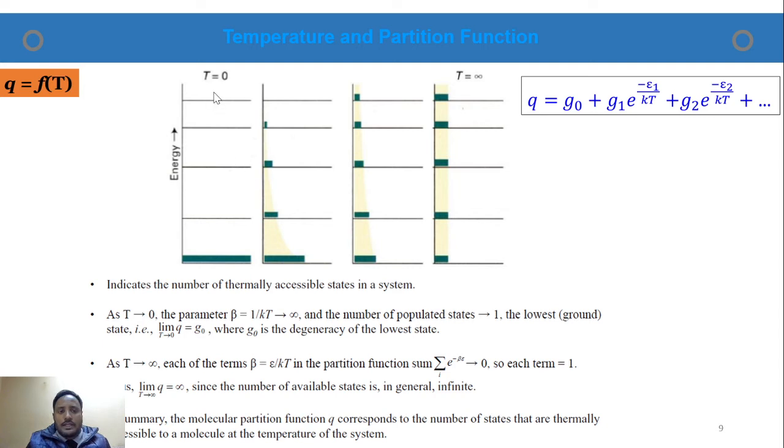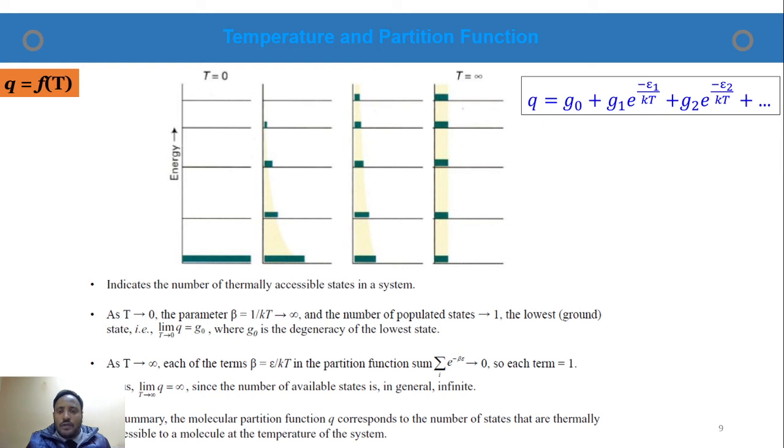So as temperature rises, the populations of the various energy levels will slowly increase, because the thermal energy of the molecules will increase.